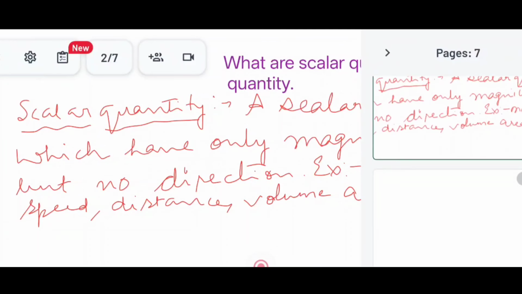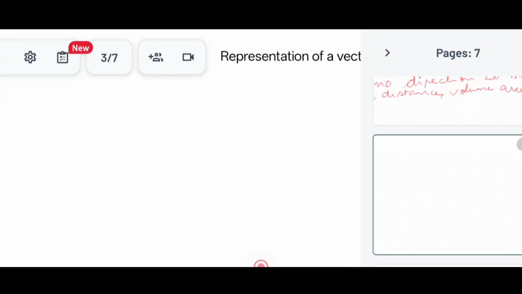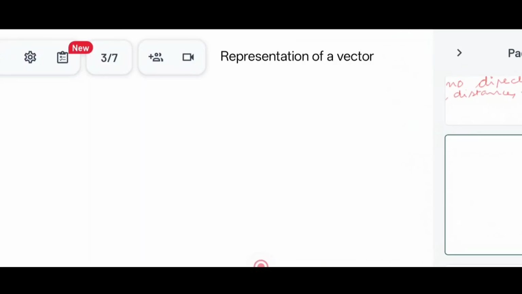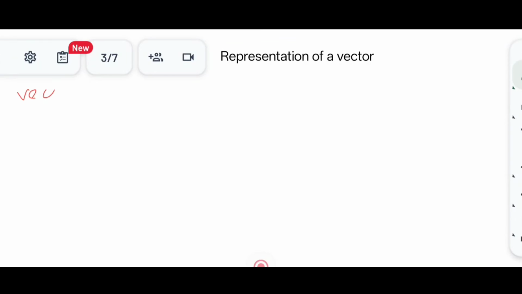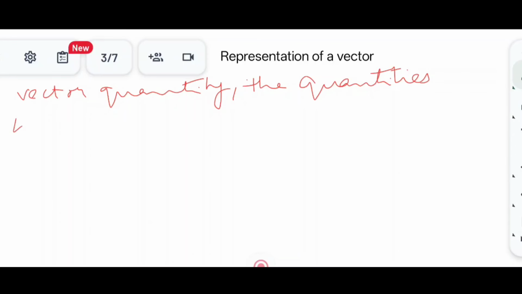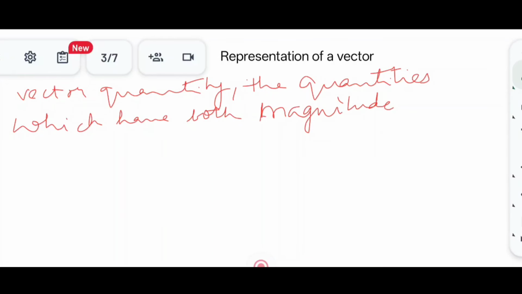Now let us see what are vector quantities. Vector quantities are the quantities which have both magnitude as well as direction.